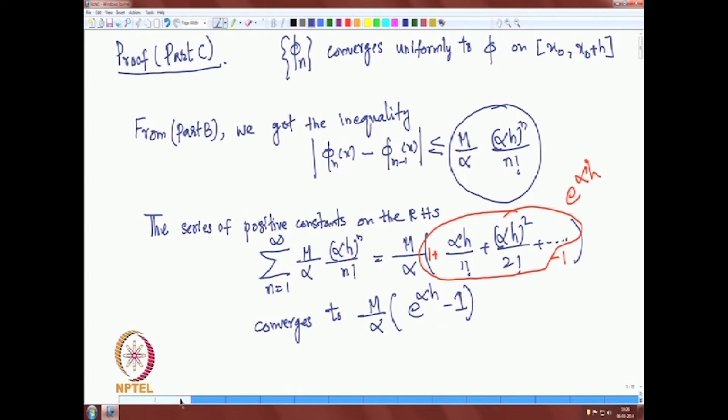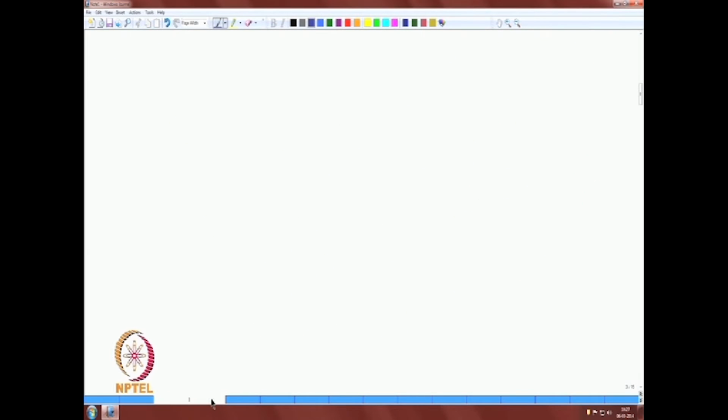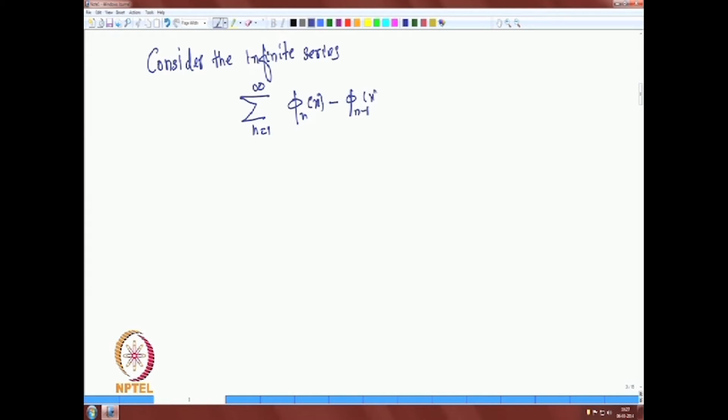Now, we will consider the infinite series. Consider the infinite series summation n goes from 1 to infinity of phi n x minus phi n minus 1 x.